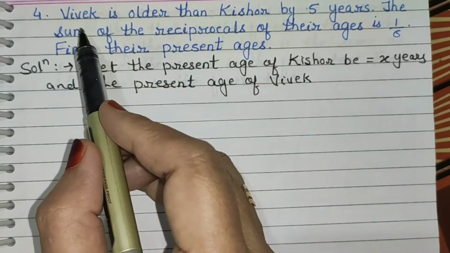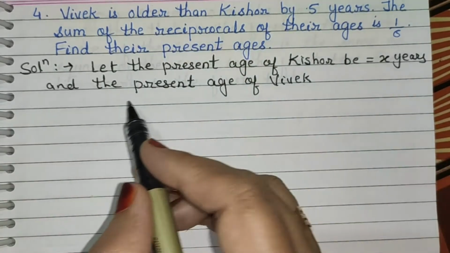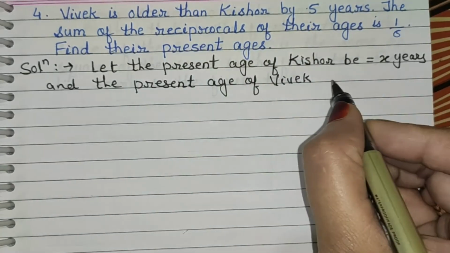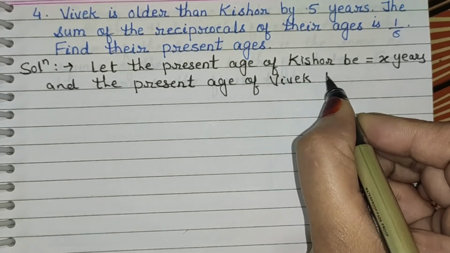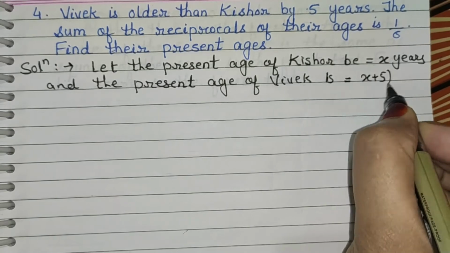Now read the first sentence. Vivek is older than Kishore by 5 years. Therefore, the present age of Vivek is x plus 5 years.